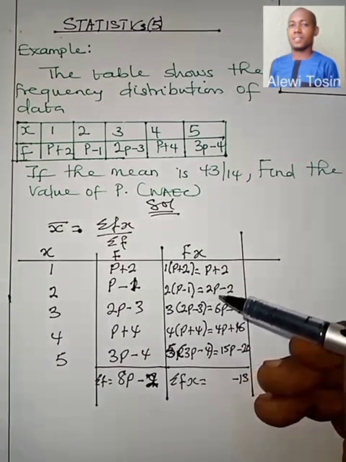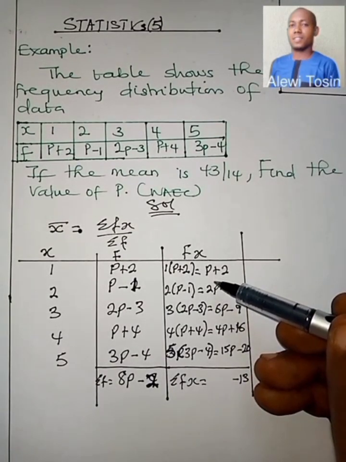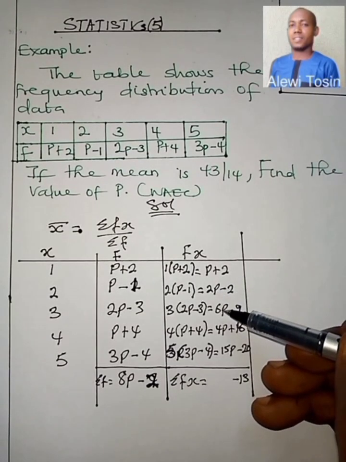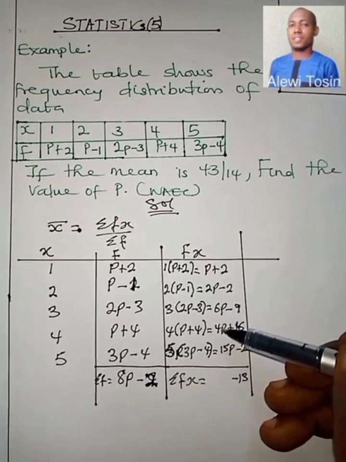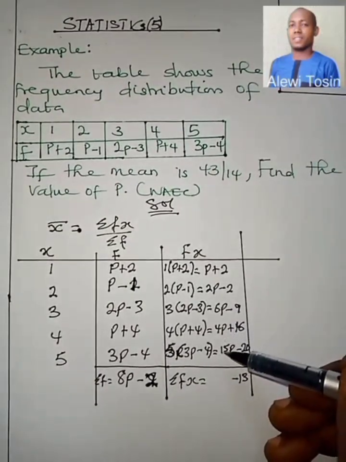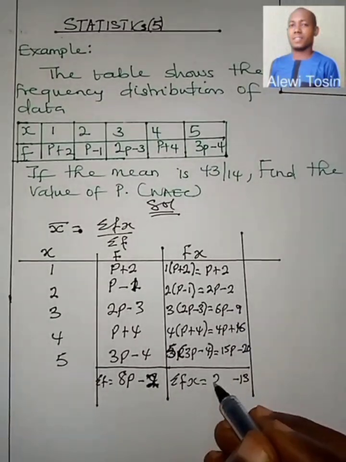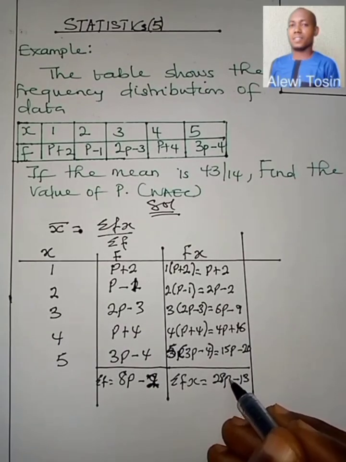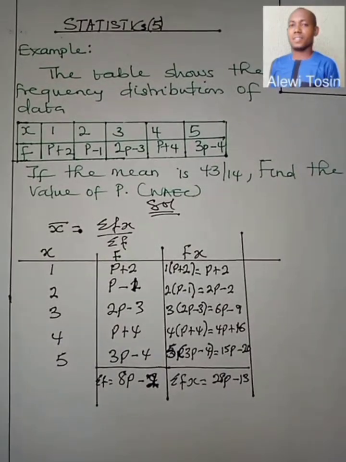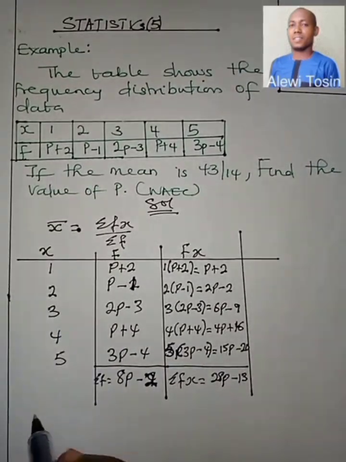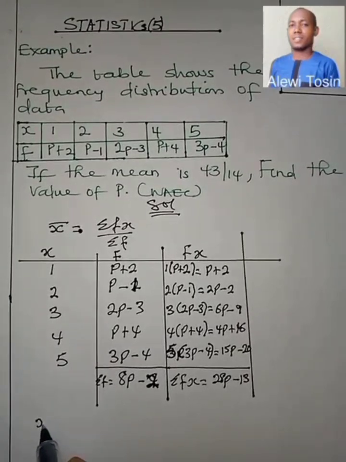And for the p terms, we have p plus 2p, that is 3p, 3p plus 6p is 9p, plus 15p is 24p... that is 28p. So summation fx is 28p minus 13.